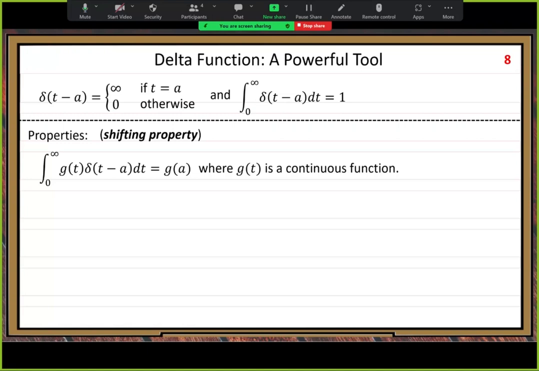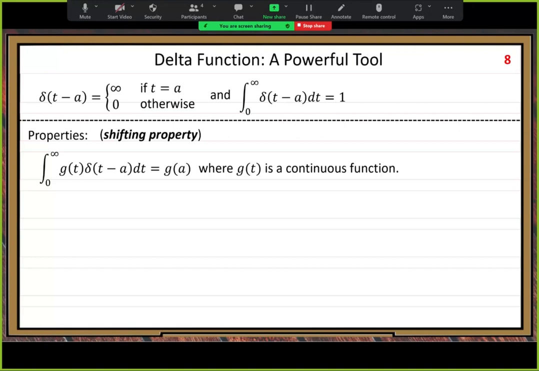Then we have this property. So you take the integral of the product of g function and a delta function, but the delta function is shifted to position A, the center at position A. Then, if you take the integral, the result is the g function value evaluated at the A point.